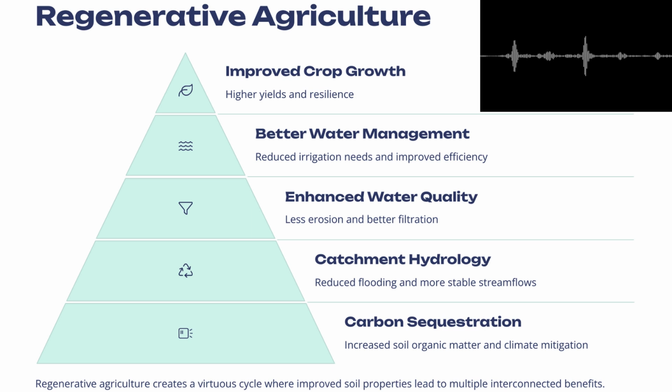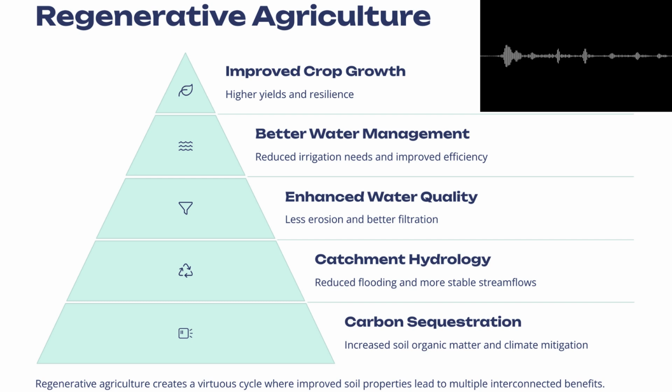Okay. The third promise zooms in on managing water more effectively right at the farm level, considering both rainfall and irrigation. The idea is that healthier soil acts like a more efficient sponge, right? Precisely. Better soil health with improved structure means the soil can capture and hold on to more rainfall when it comes. And the article gives a pretty clear example. Let's say a crop needs 700 millimeters of water total.